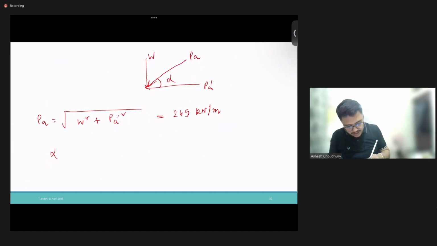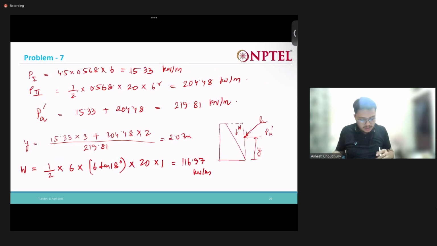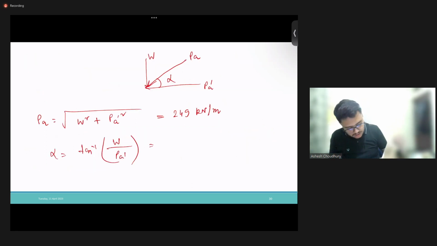And what is this alpha? Alpha is tan inverse of W by PA dash, which is 28.02 degrees.